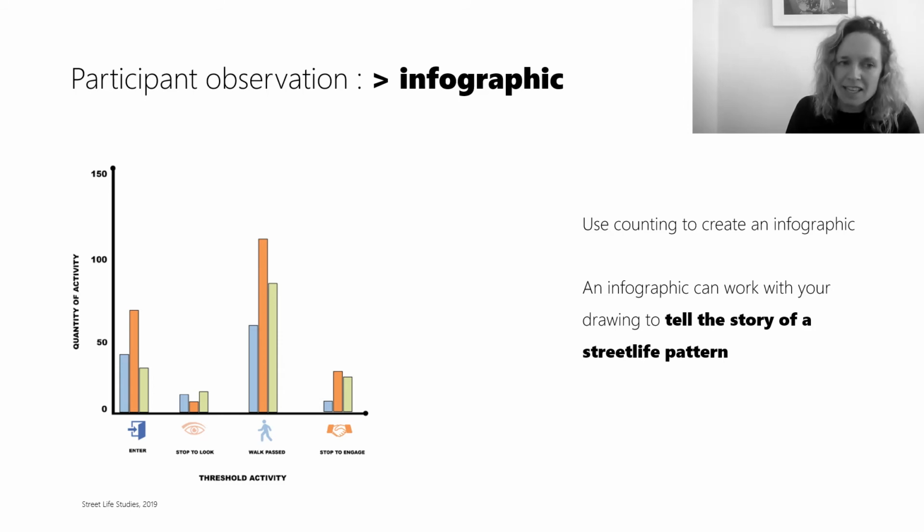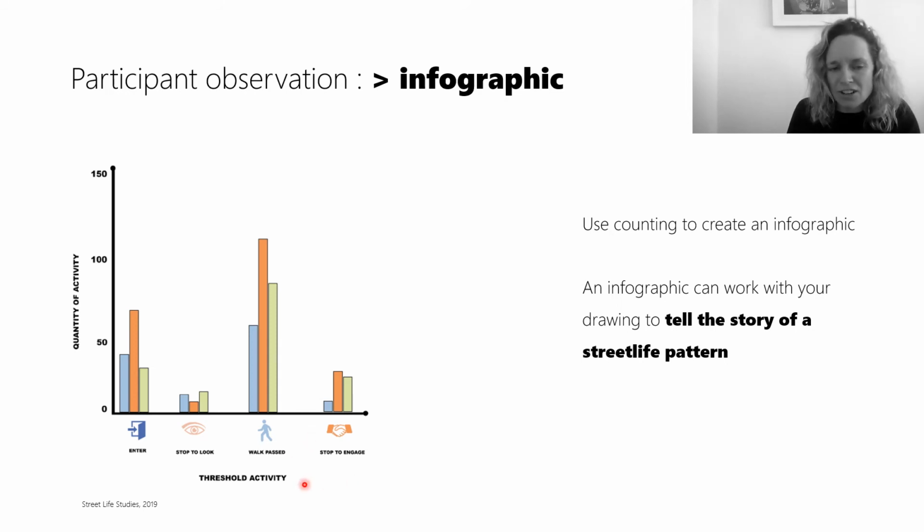So we see here, threshold activity is the focus here of Ali's street life study. And she's looking at types of threshold activity. So what do people do in thresholds, in interior urban thresholds? They either enter, they stop to look, they walk past, or they stop to engage with one another.